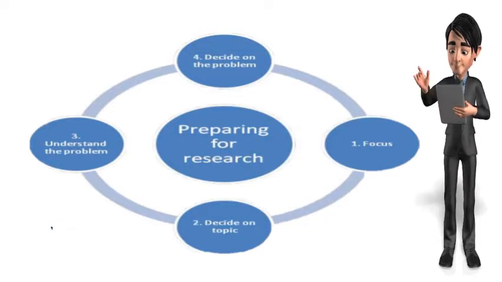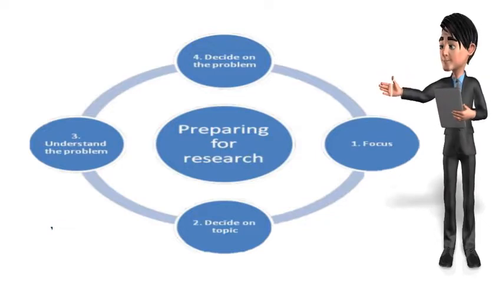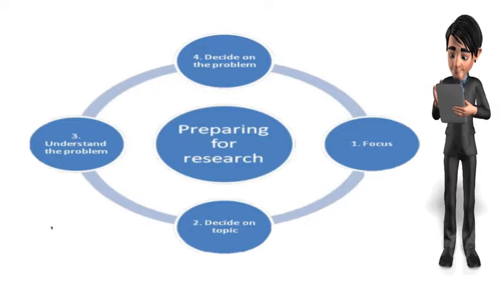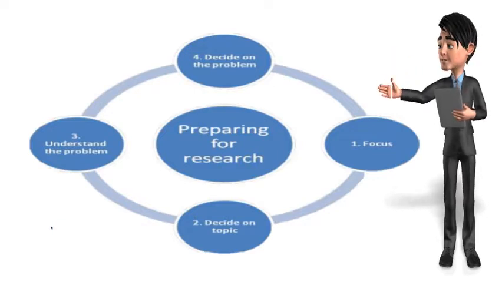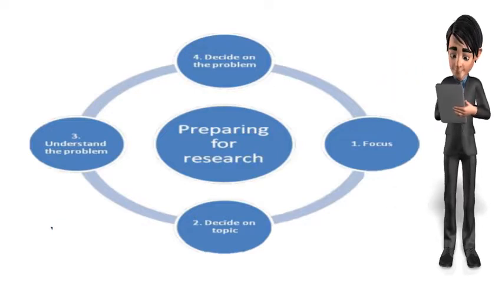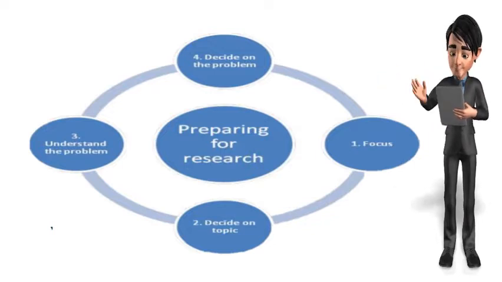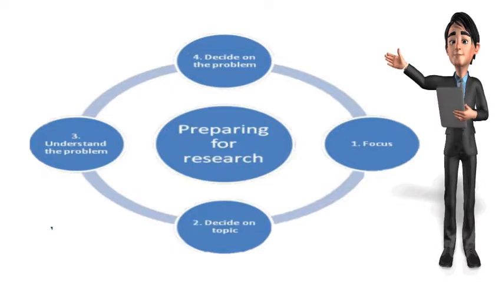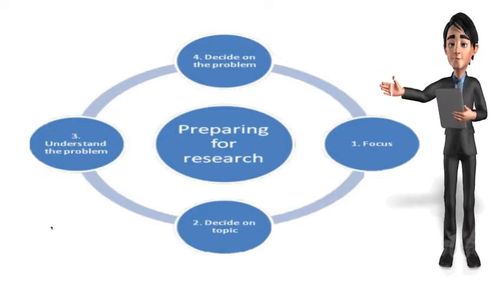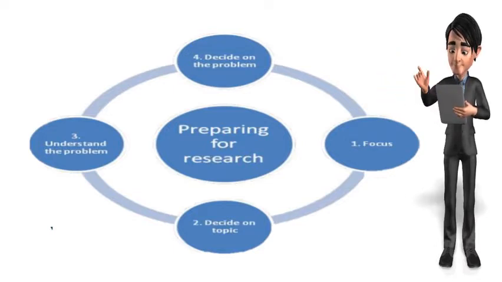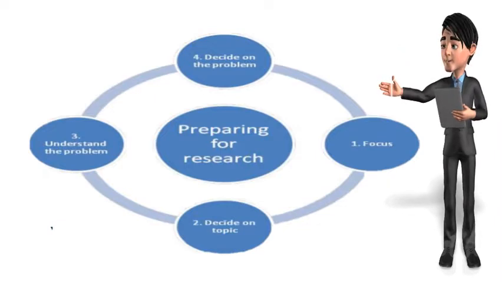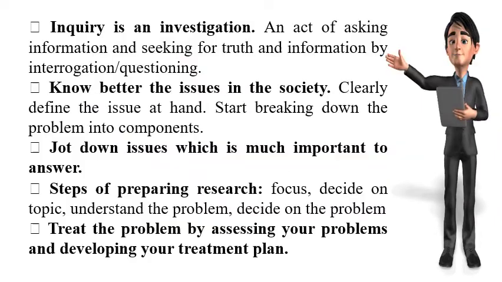Then understand the problem. So what's the problem? In understanding the problem, you have to group them into dependent variables or independent variables. Then decide on the problem. So that's the cycle of preparing for research.